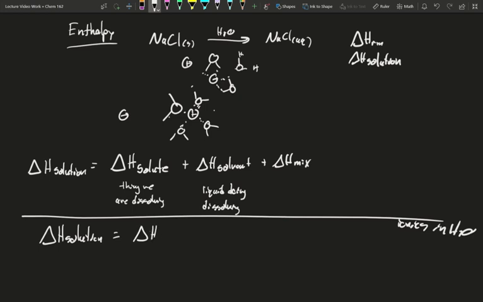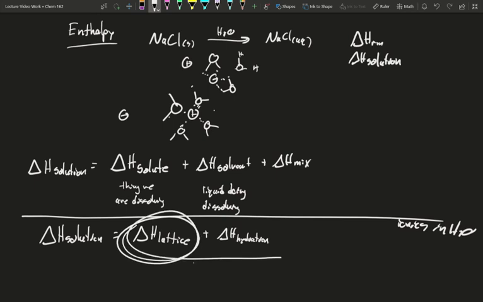So really it's the delta H of the lattice energy plus the delta H of hydration. In this case, hydration takes into account water breaking apart and then water interacting with what amounts to gas phase ions that we would get in the lattice energy.